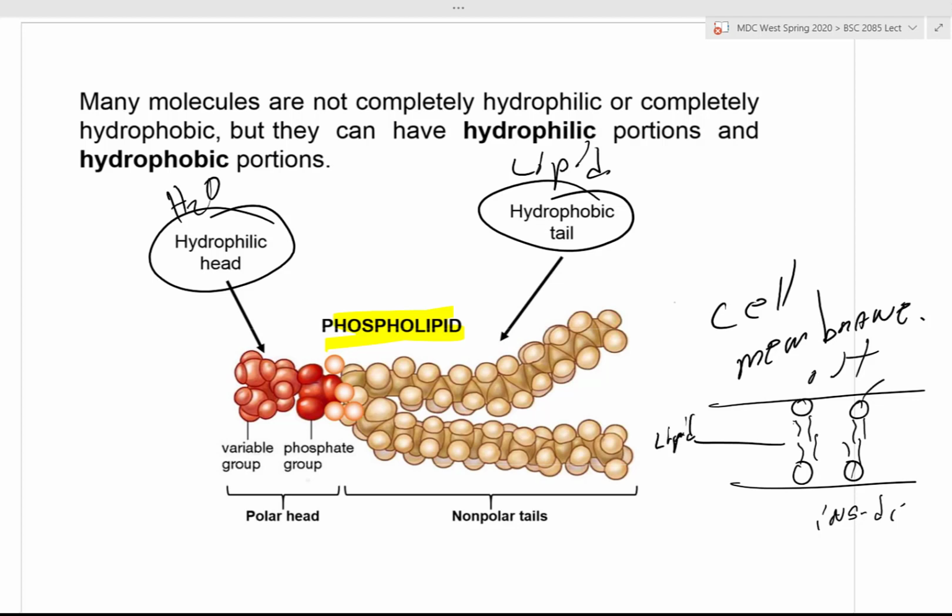And the water component, or the phosphate heads or polar heads, are going to be on the outside. So this is the hydrophilic part. Because again, inside the cell you have a structure known as the cytoplasm, and that is a water component. And outside the cell you have our body, most of which is just water component, known as the extracellular fluid or space.